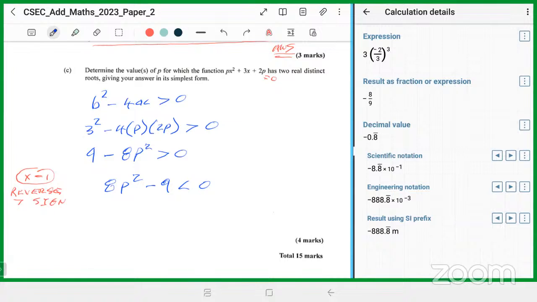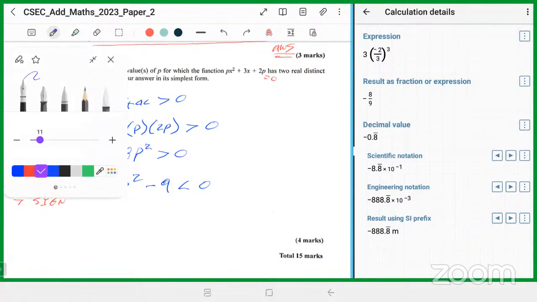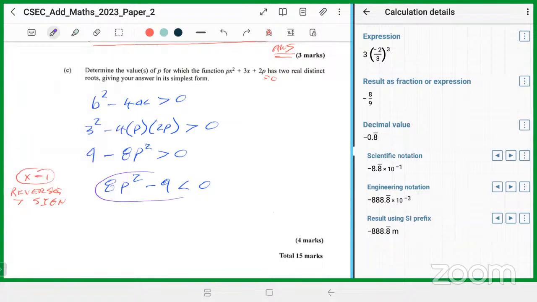If I were to solve for the roots or the critical values, let's just do it here. Critical values related to this inequality will be such that 8p squared minus 9 is equal to 0. And so the p would be plus or minus, transposing the 9, the square root of 9 over 8.